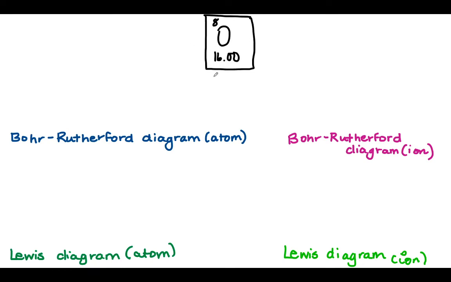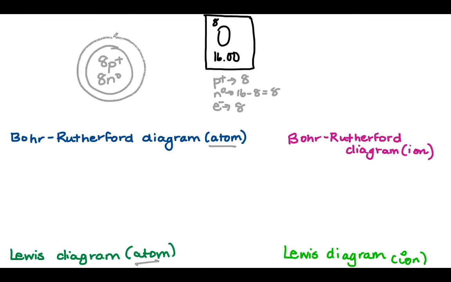So the number of protons, neutrons, and electrons is what we have to figure out first. Protons is 8. Neutrons, 16 minus 8 is equal to 8. And electrons, in the case of the atoms, is equal to the number of protons. Our Bohr-Rutherford diagram, you start off with 8 protons and 8 neutrons.